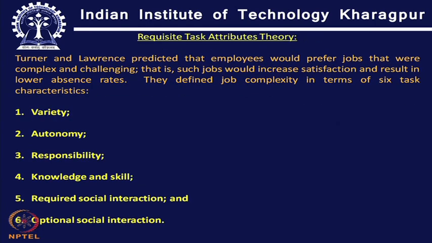Requisite task attribute theory tells about different aspects of the job like variety, autonomy, responsibility, knowledge and skill required, social relationship and optional social interaction. These complexities give rise to defining a job which is more complex and challenging in nature or not, and employees will love to do jobs which are complex and challenging in nature.